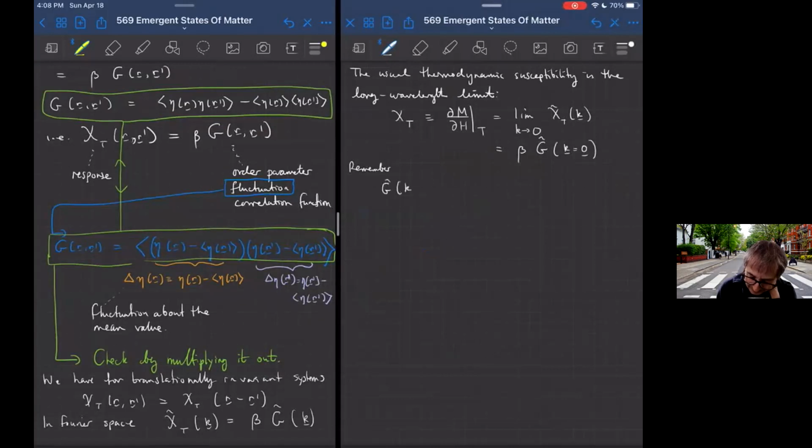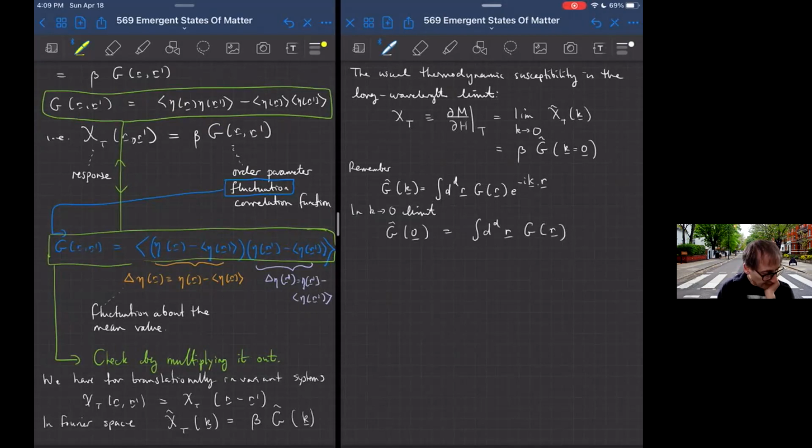Now, the Fourier transform at k equals 0. Remember that g of k is the integral dr of g of r e to the minus i k dot r. I don't remember if I had a minus sign or a plus sign in the way I defined it. When I set the k goes to 0 limit, then g hat of 0 is just the integral in real space of the 2-point correlation function g of r.